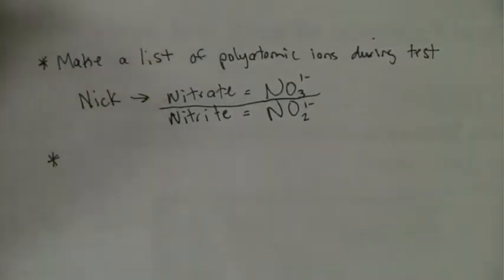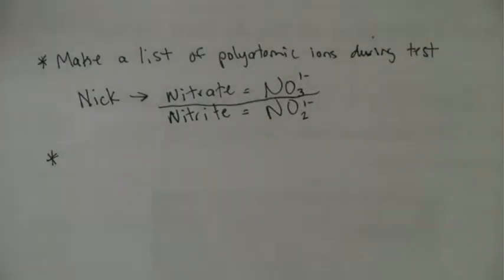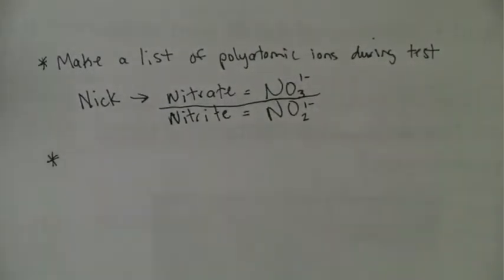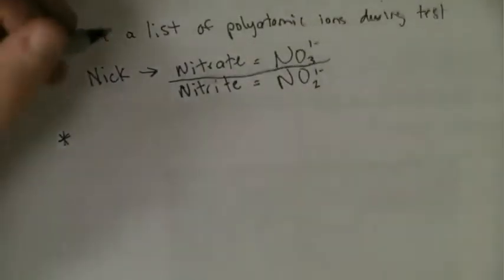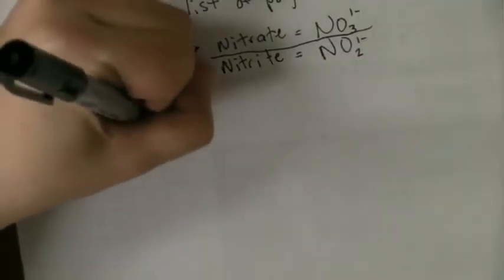All right, so do what I call cramming and regurgitating. That sounds absolutely disgusting, but that's what it is. So in your head before a quiz or a test, just sit there and think, okay, hydro and ic is ide. Ous is ite, ate is ic. Just do that, and then as soon as you get your quiz or your test, write them down, right?